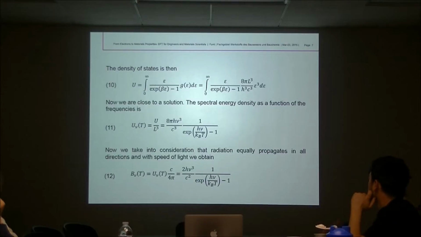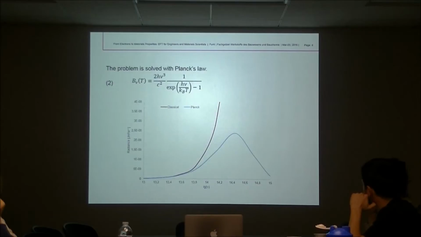So the full angular integral of a sphere is 4 pi, and that is all we need to correct for. And what we obtain here looks like something we've seen before, because this is just Planck's law.